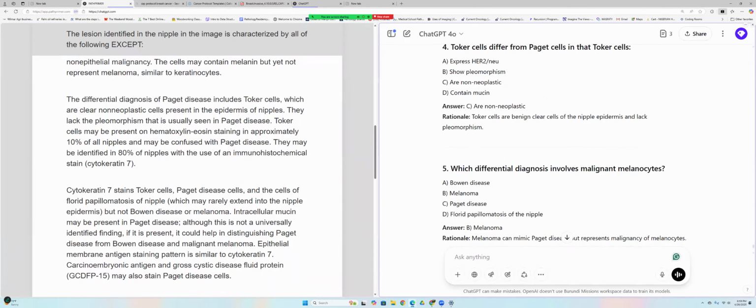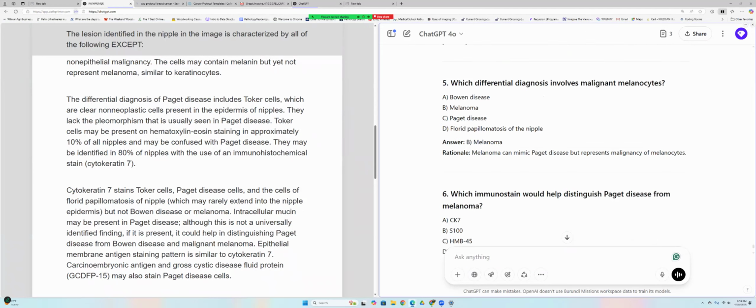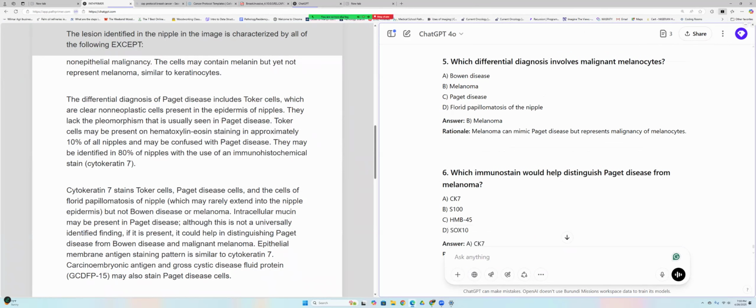So, question number 5. Which differential diagnosis involves malignant melanocytes? Melanoma. Which immunostain helps to distinguish Paget disease from melanoma?